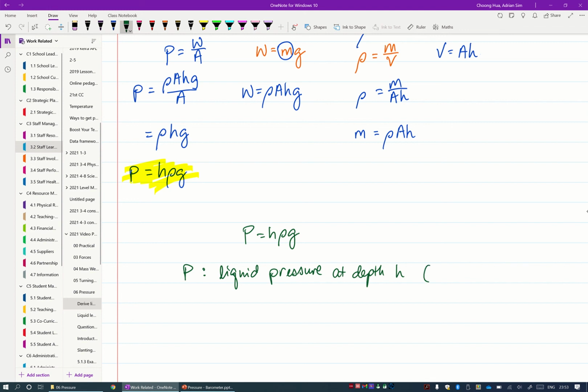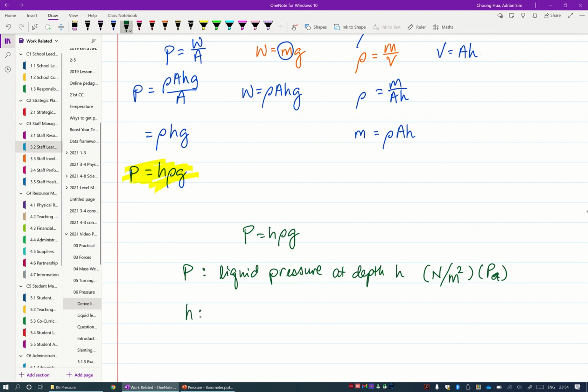And the SI unit is Newton per meter square or Pascal. Now, when we solve problems using P equals h rho g, unfortunately, we have to convert everything to SI unit. I'll explain further what I meant by that.